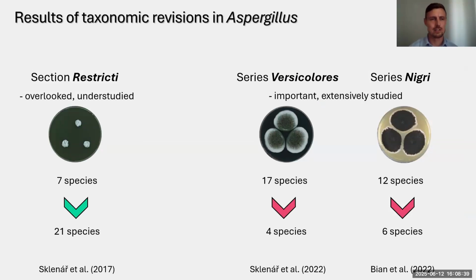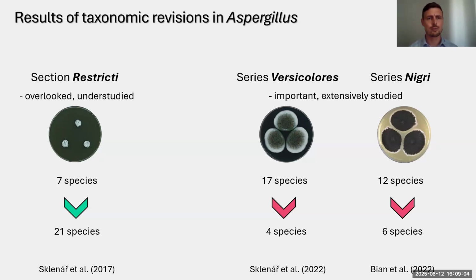This is again to show you some interesting results of our revisions that we did in Aspergillus. We did more studies than these 3, but these 3 are nice examples of what we did and how we used these delimitation methods.